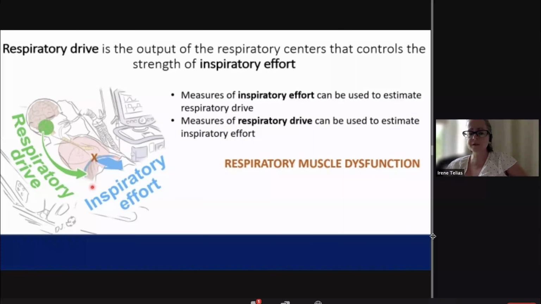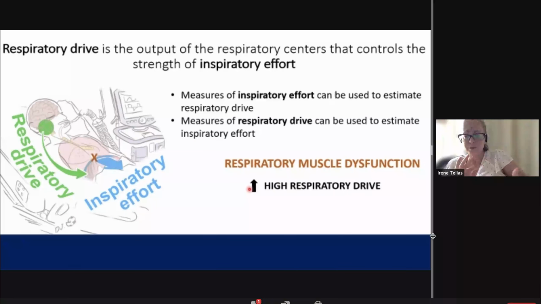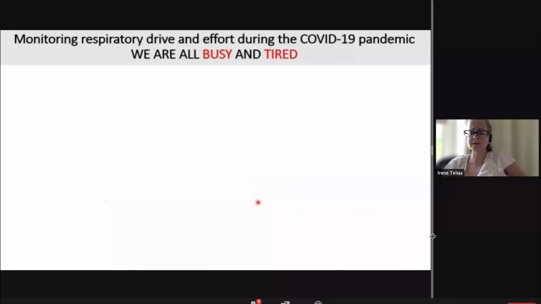There is one specific caveat to consider, which is that when we have respiratory muscle dysfunction, there is a little bit of a dissociation between the 2 physiological variables. So you can have a patient with very high respiratory drive, but unable to perform a strong inspiratory effort. Then you might underestimate respiratory drive if you use a measure of effort to quantify drive, okay?